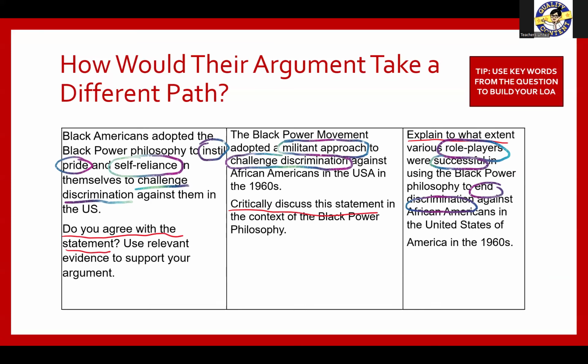And then with the last one, you have to speak about the role players. So now you're going to speak about Stokely Carmichael, Malcolm X, the Black Panthers, and whether these role players were successful to end discrimination. Remember, the previous two are about challenging discrimination, but the last one is asking about ending discrimination. So did they actually end the discrimination?